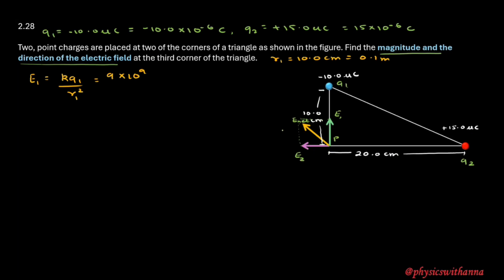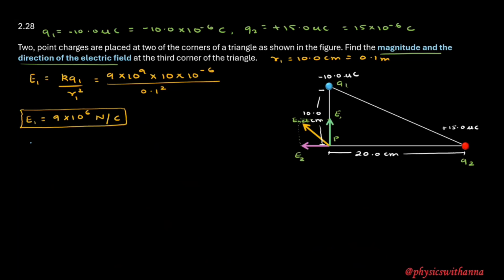The direction is later given by using vector and not the sign on the charge here. So let's just put only the magnitude of the charge, which is 10 microcoulomb, so 10 times 10 to the power negative 6 over the distance, which is 0.1 squared. That gives me E1 equal to 9 times 10 to the power 6 Newton per coulomb.